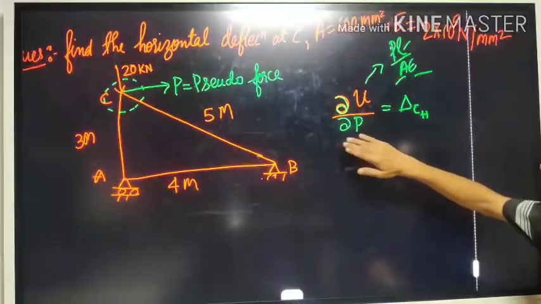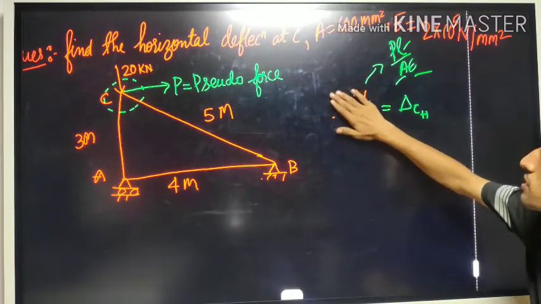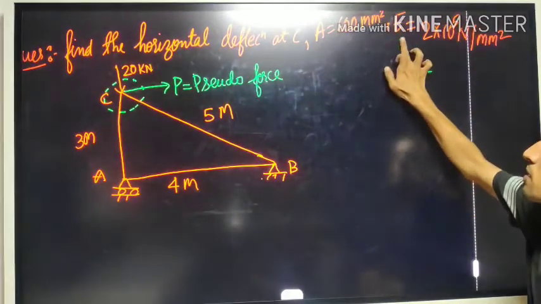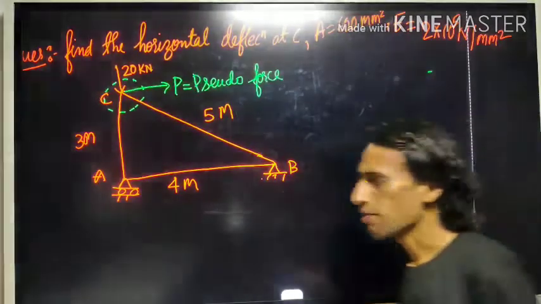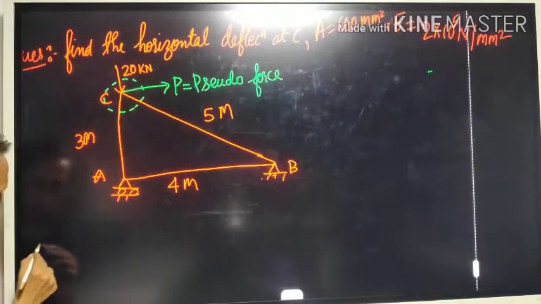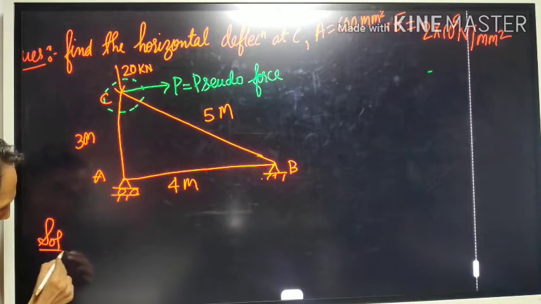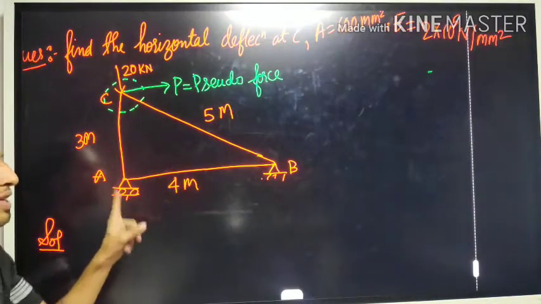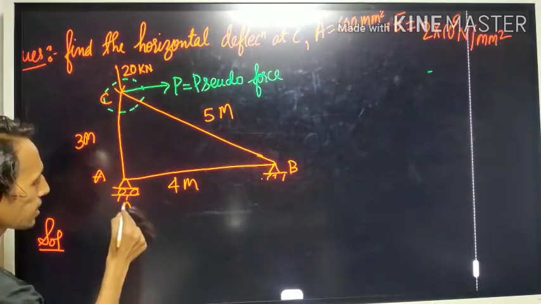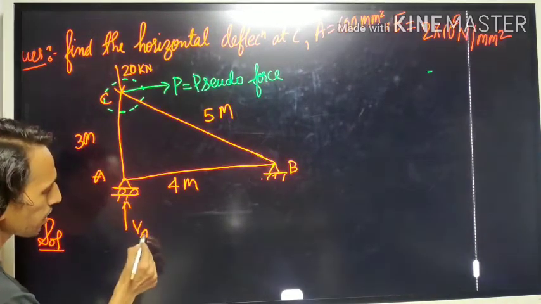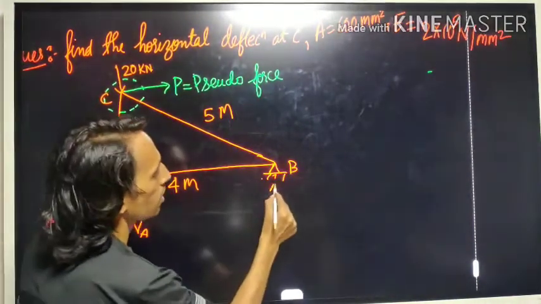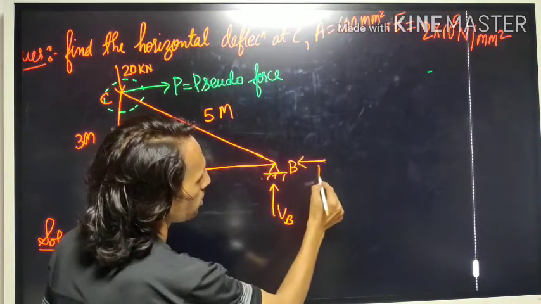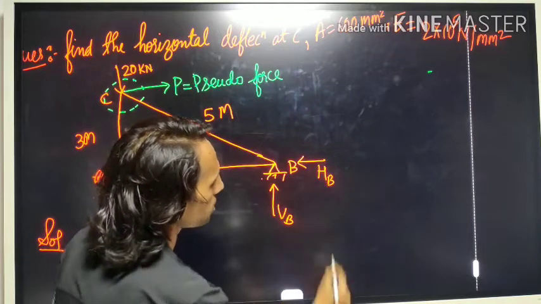So I need to remove this. So let's start solving the problem. In the first step you need to calculate the reaction. So let us say this is vertical reaction, this is another vertical reaction, and this is horizontal reaction.